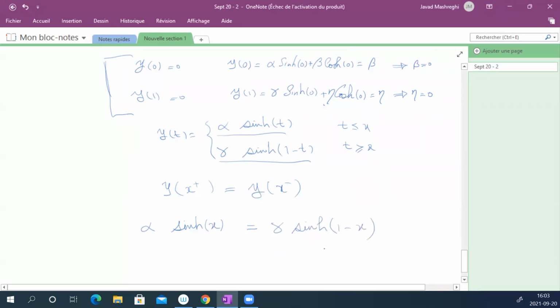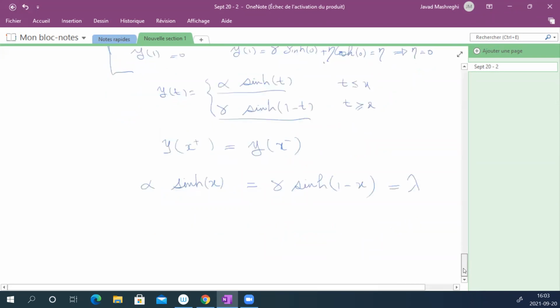So again, one constant less, because it's a relation between alpha and gamma. I can remove alpha or remove gamma and put it back in the formula, or call everything lambda. And now my y of t is of this format.